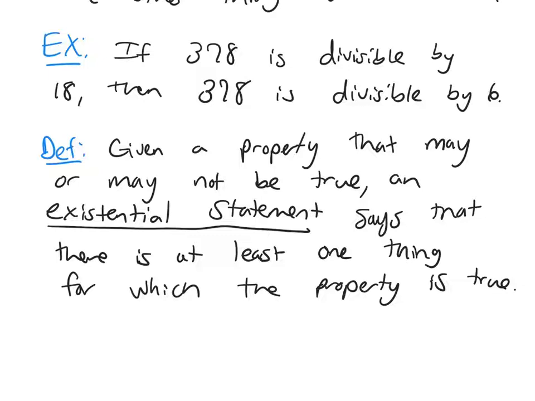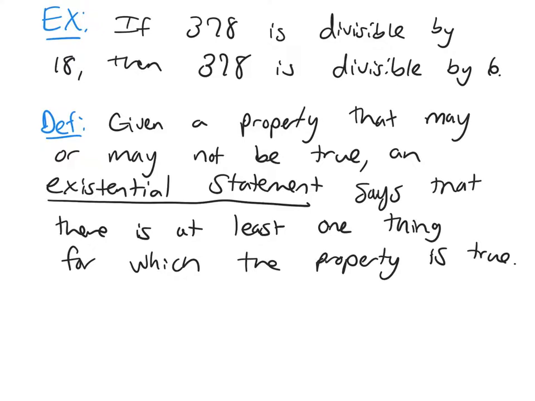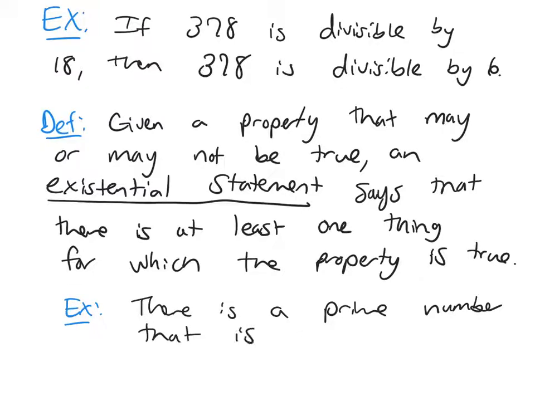There's at least one time or one object where the property would be true. So for example, of an existential statement would be there is a prime number that is even. So there's one prime number that you can find that would satisfy the property that it's even. Okay.